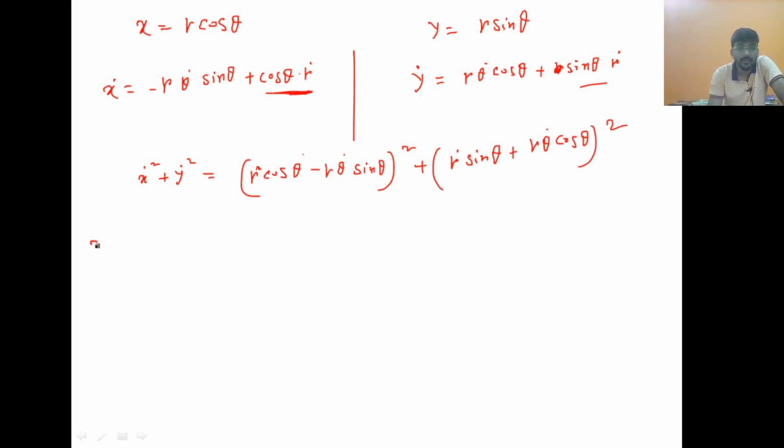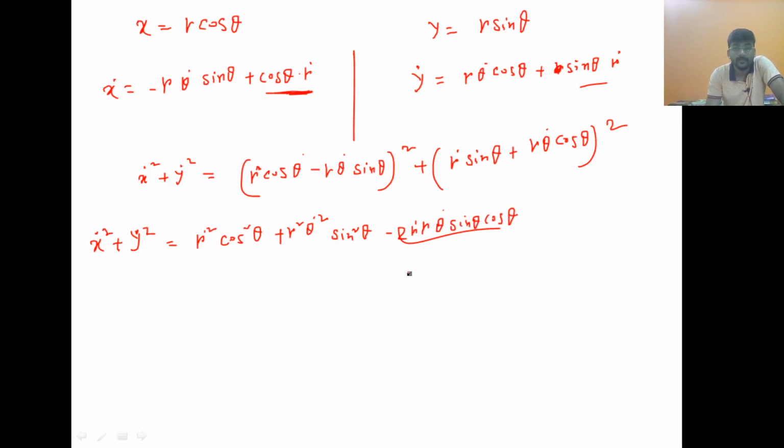So x dot square plus y dot square is equal to r dot square cos square theta plus r square theta dot square sin square theta minus 2 r dot r theta dot sin theta cos theta plus r dot square sin square theta plus r square theta dot square cos square theta plus 2 r dot r theta dot sin theta cos theta.